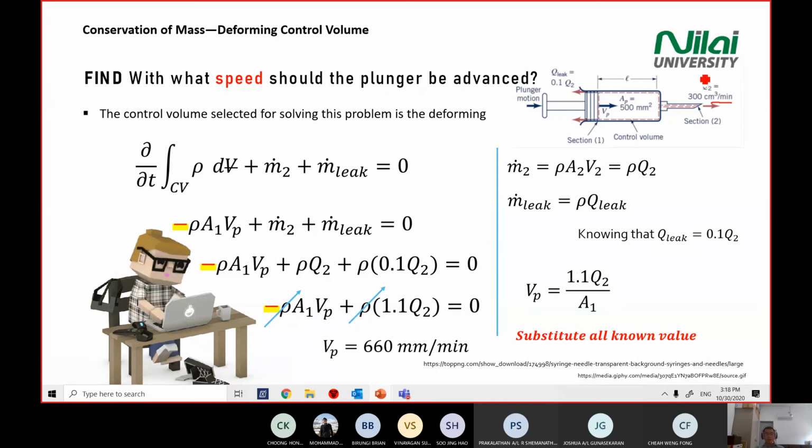Also, although there's no statement saying that incompressible is assumed, you can assume that it's incompressible, because that is how the hydraulic system works. We assume that the liquid that we use is incompressible.